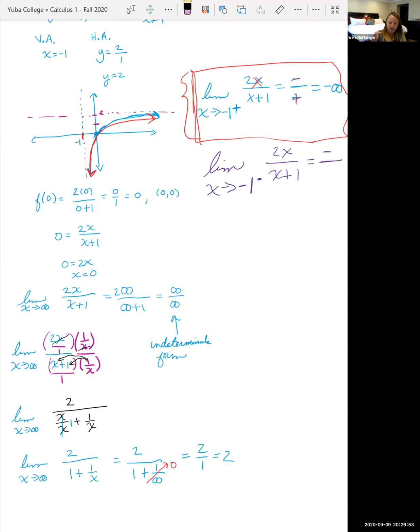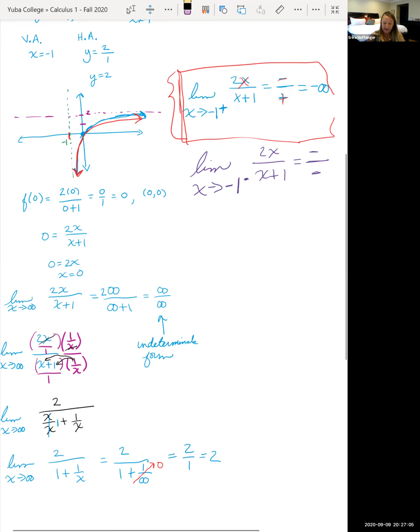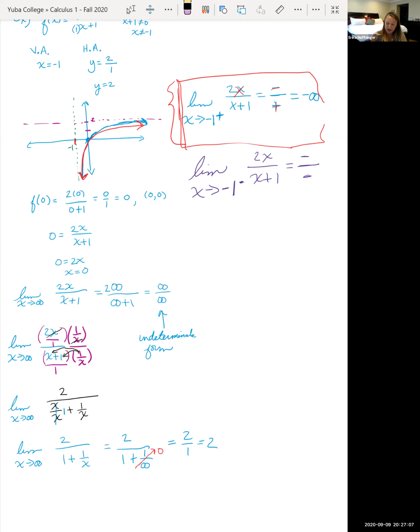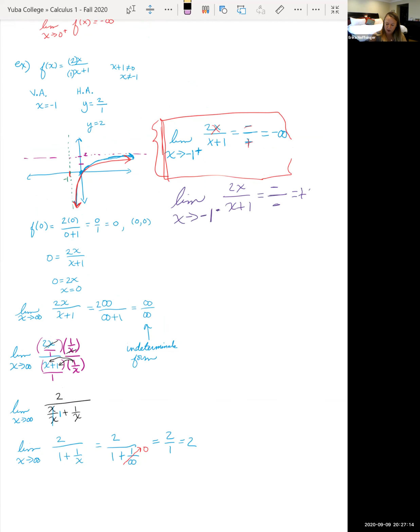So -0.1 plus 1, that's negative. -0.01 plus 1 is still negative. Those numbers coming in on the left-hand side of -1 make the denominator negative. And so a negative divided by a negative is a positive number. So this is going to positive infinity as x is approaching -1 on the right-hand side.